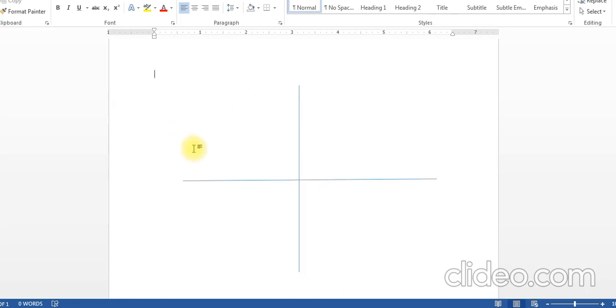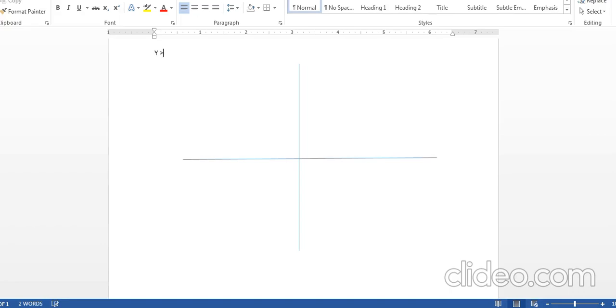So upper half means, in a graph, what will you be doing for an upper half? Here you will be marking the values of Y as 1, 2, 3 like that, right? So for the upper half, Y will be positive, that is Y is greater than 0, right?